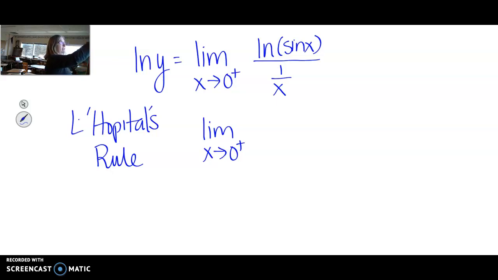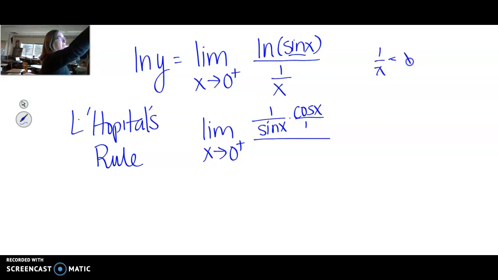So we have ln of sine of x, the natural log with the inside function, so we go 1 over the inside times the derivative of the inside, which is cosine of x. Think about what cosine of x over sine of x is going to be. And then 1 over x is the same thing as x to the negative first, so when I take its derivative, I get negative x to the negative second.